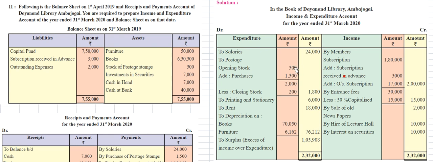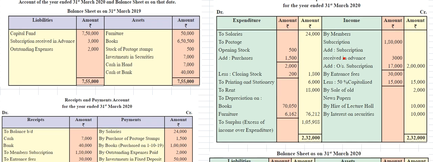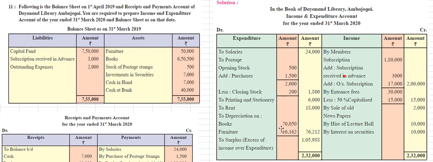We need to add both amounts. The 500 is taken as of 31st March 2019, it is the opening stock, and 31st March 2020 is the closing stock. The purchase during the year is 1500 rupees, plus 500 rupees of opening stock, which is 2000.